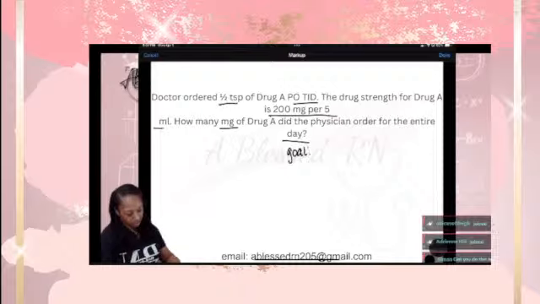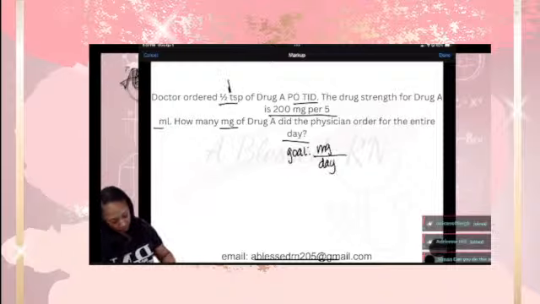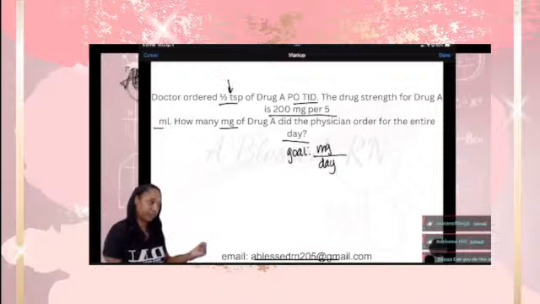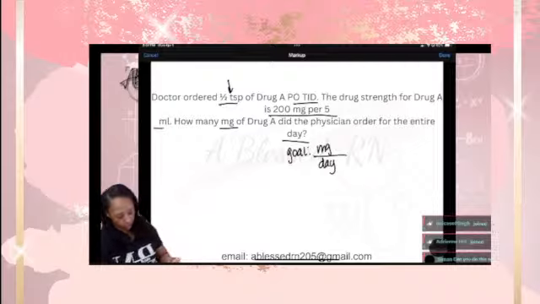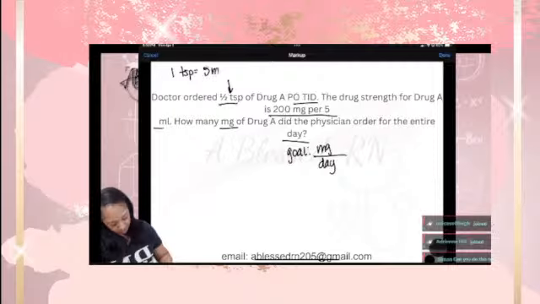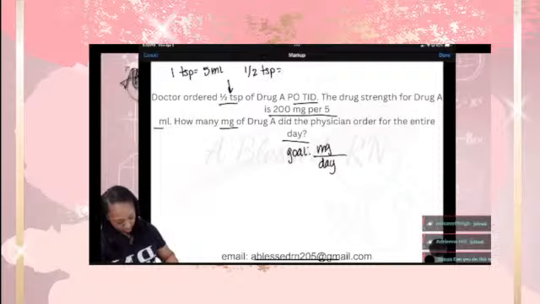So our goal is to find milligrams per day. We know that this order right here is in household, right? So we know that 1 teaspoon is going to be 5 milliliters. If we have half a teaspoon, that's 2.5 milliliters. All right.